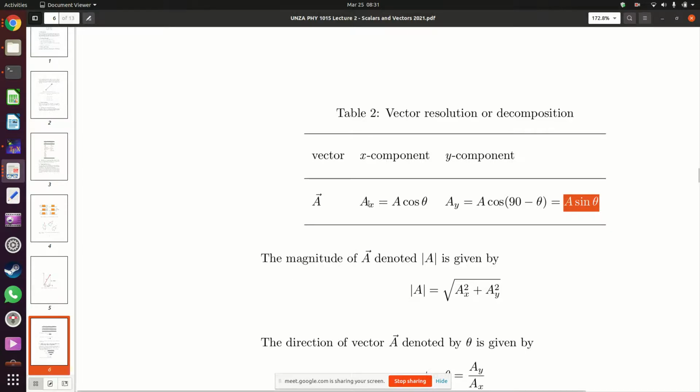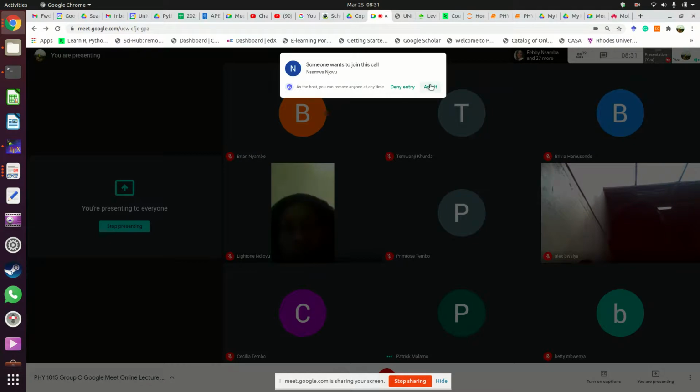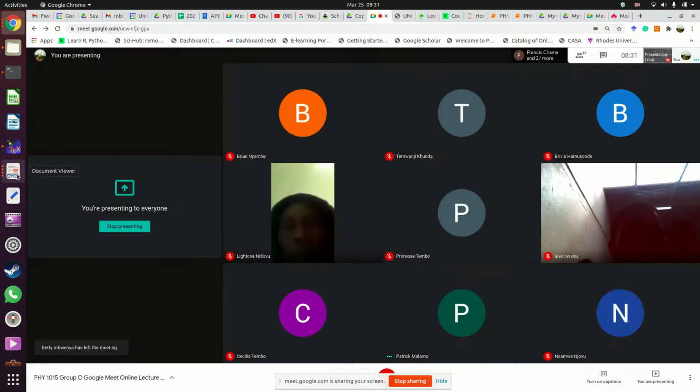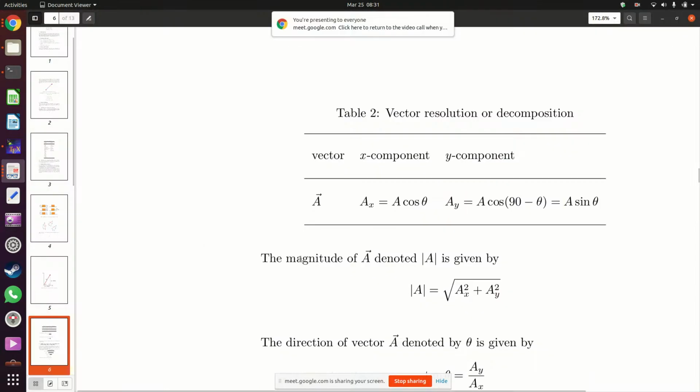So when AX is known and AY is known, you can use them to find the size of the vector, which is denoted like this. The size of vector A is equal to the square root of AX squared plus AY squared.